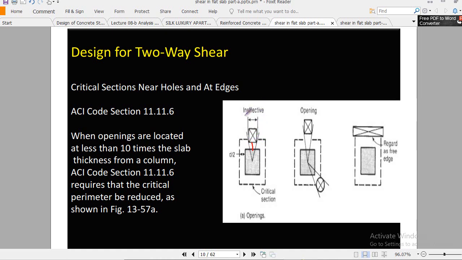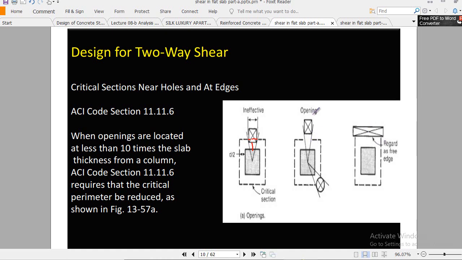You see, this part is basically ineffective then. So find out the b0 and subtract this distance. Similarly for a lift shaft or any other case.